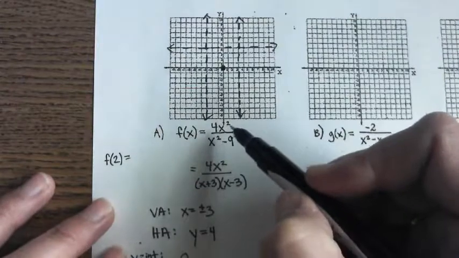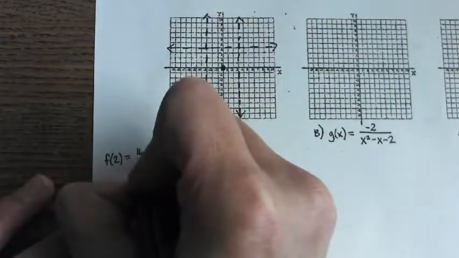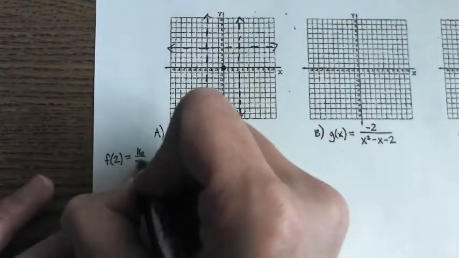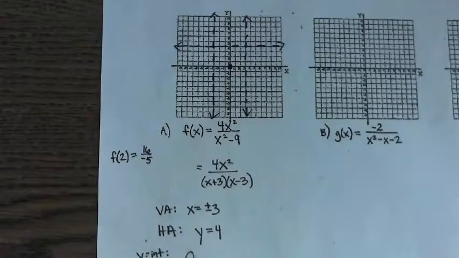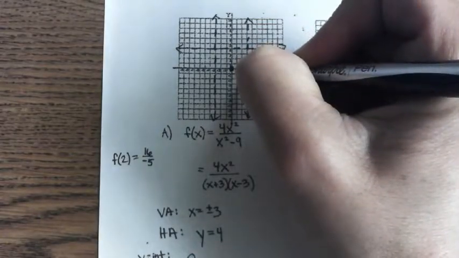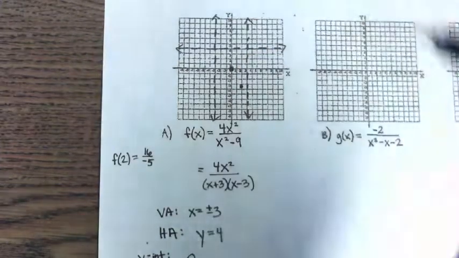If I plug in 2, I'm going to get 4 times 4 is 16 over 4 minus 9 is negative 5. What's that value approximately? Negative 3 point something. So if I go 2 and negative 1, 2, 3, a little bit past negative 3, that puts me there.